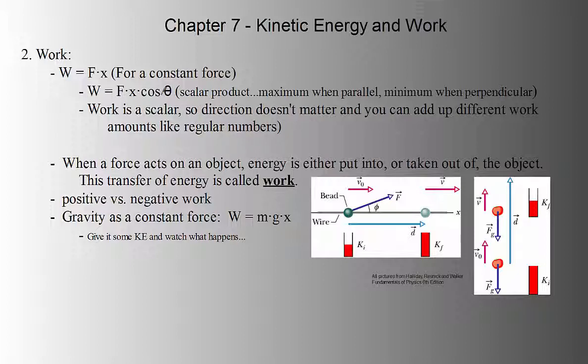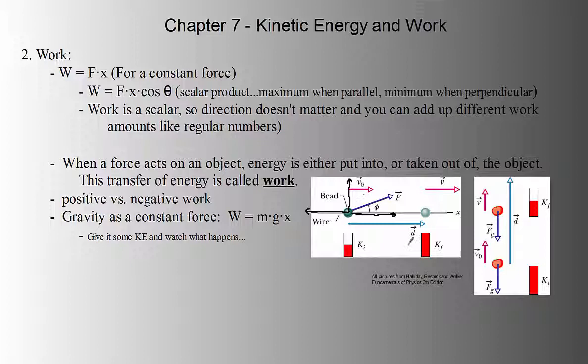So as you can see, cosine is a maximum when the angle is 0. So either the force going this way or going this way. And minimum when it's perpendicular.